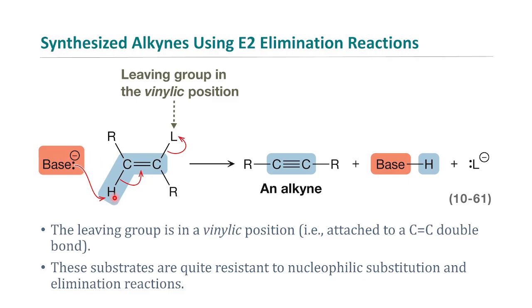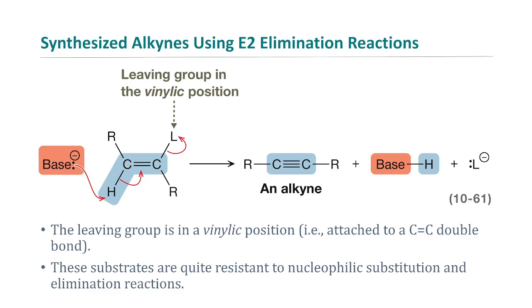We'd have a base. It has to then remove this hydrogen right here and leave a bond in between here, which would give us the triple bond now. And we'd have to have a leaving group here that will then leave. And so, again, though, these substrates are quite resistant to both nucleophilic substitutions and elimination reactions, so our normal reactions that we've been talking about for most of these.